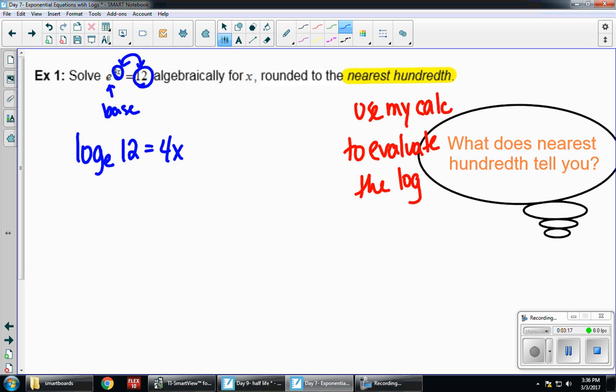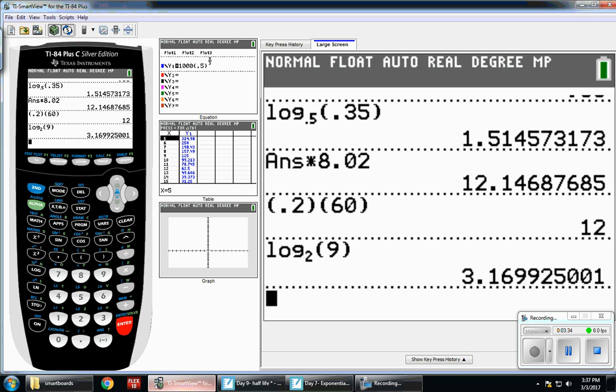Now, remember that log base e is not something that you will usually see. Log base e is really the natural log, which is ln. So I have ln of 12 is equal to 4x. Because I'm allowed to round, I'm going to go right to my calculator. The natural log of 12.